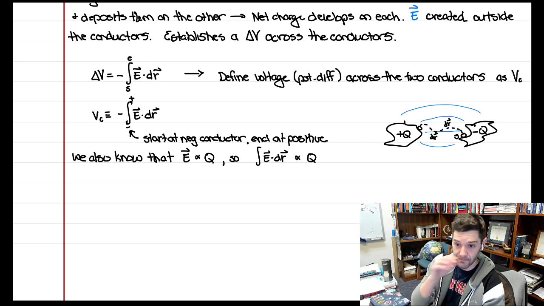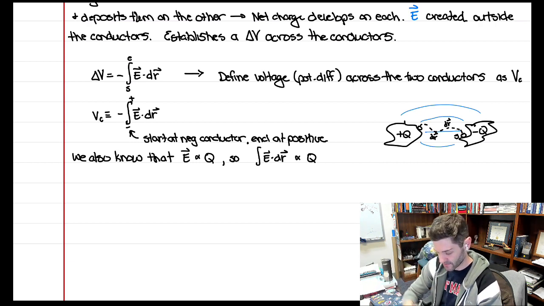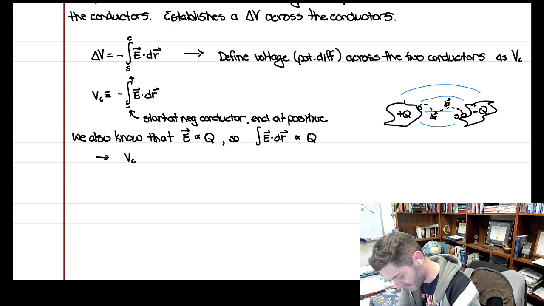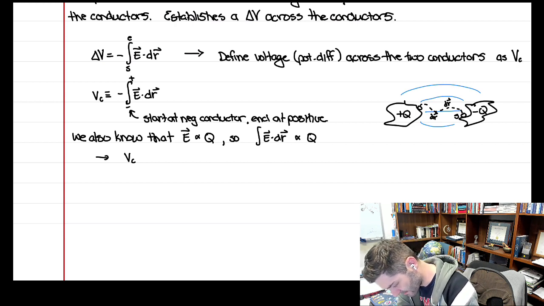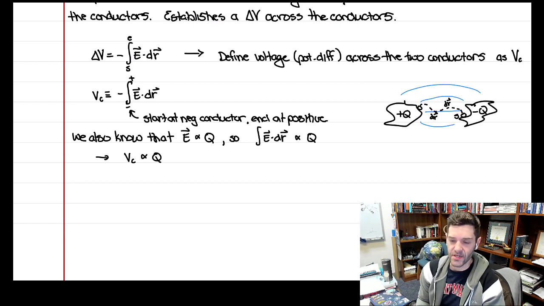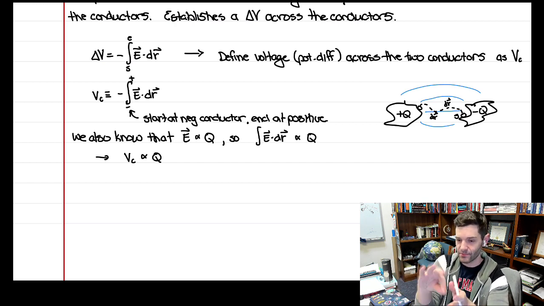Since that integral, with a negative sign, is the potential difference across the two conductors, or the potential difference of the capacitor, together this implies that the voltage of the capacitor, which is equal to that integral, which is proportional to Q, is proportional to Q. So there is a proportionality between the potential difference created between the two conductors and how much charge the demon has moved over.